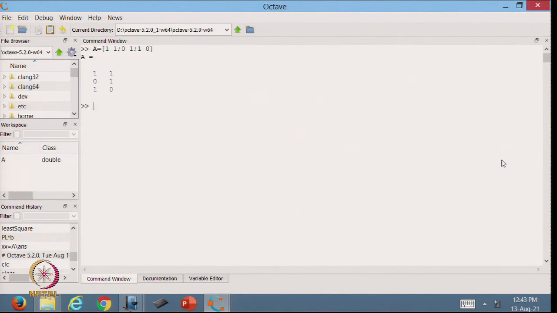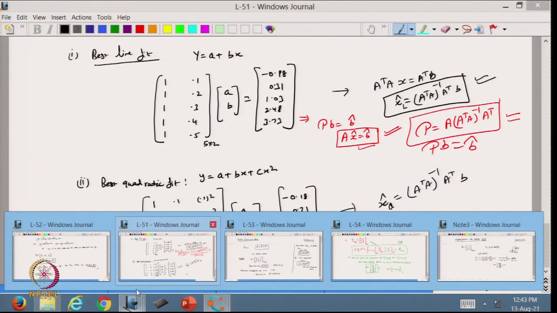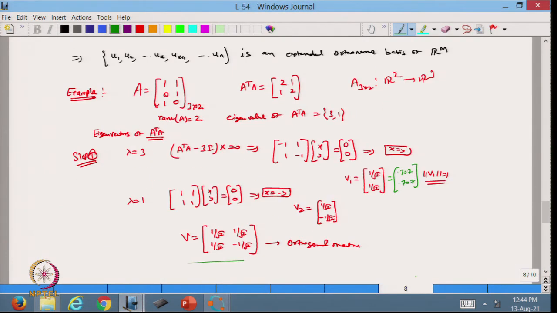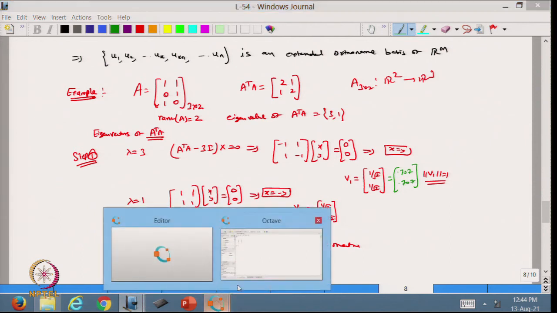Then we found our value of U. So, I will take this here. First I will write down the value of V1 and V2.